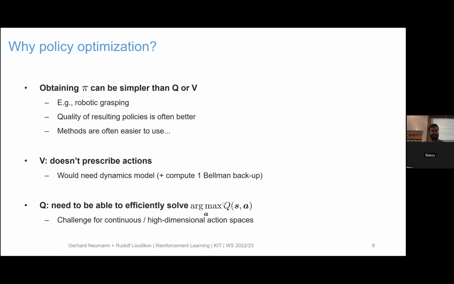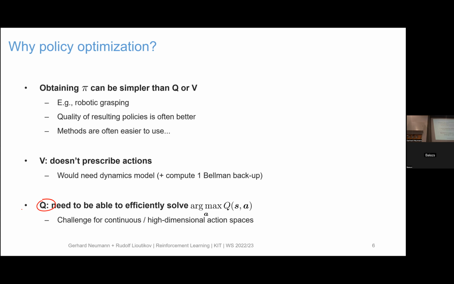Okay. So for policy optimization, I already said a few reasons. The last one would be the continuous action spaces, where it's much easier to use. And often it is also easier to learn a policy than to learn a Q function. It depends a little bit on the problem.